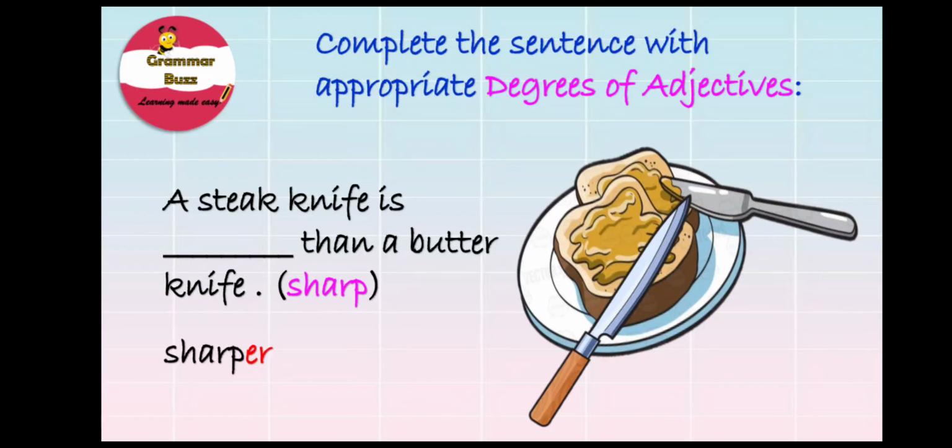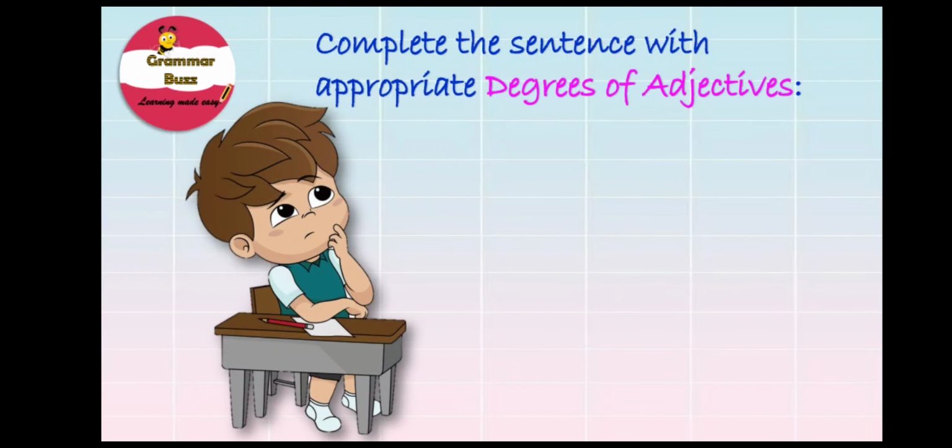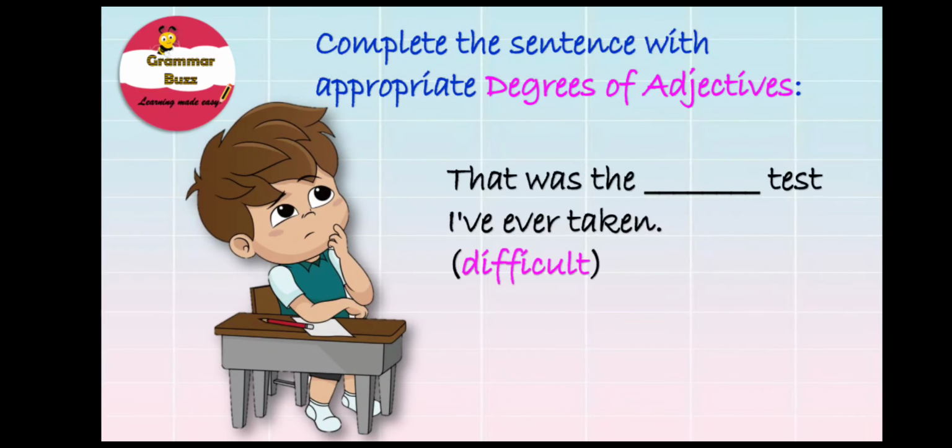Good job. The next one says, that was the dash test I've ever taken. And your positive degree of adjective is difficult. What could be the correct degree of adjective to fit into this sentence? Can you form it? Yes, you're right, and it is most difficult. Good job.